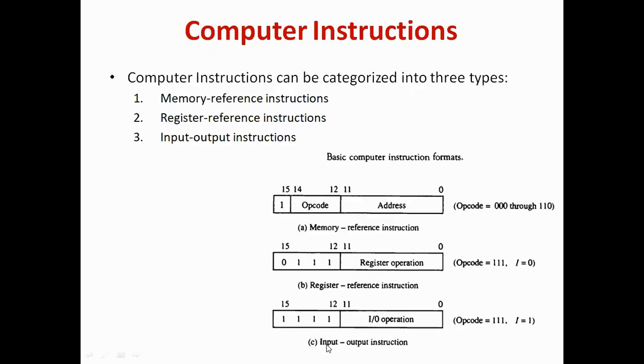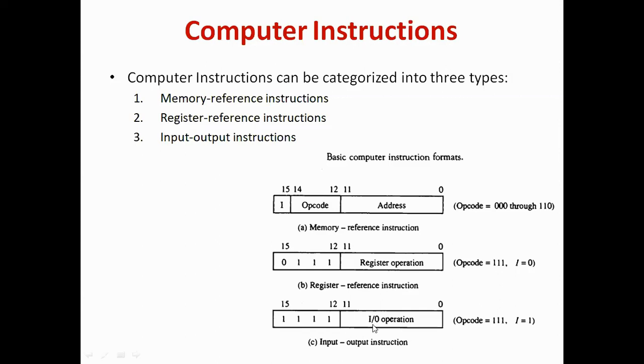For an input output instruction, the first 4 bits are 1 1 1 1, which in hexadecimal means F. So the first 4 bits will always be 1111. Then the remaining bits will represent which type of operation we are performing.